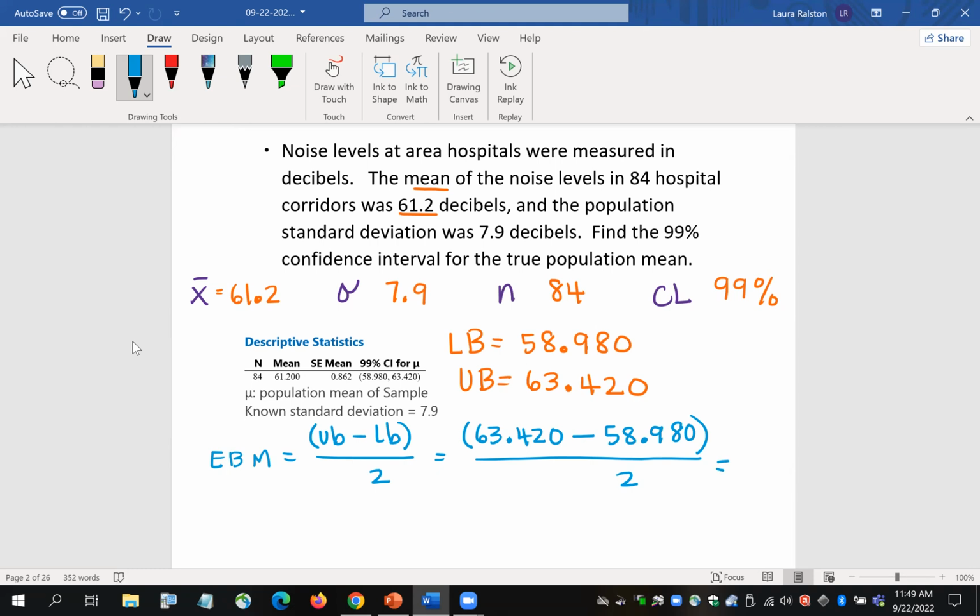Again, be careful. Do the subtraction first. 63.420 minus 58.980 is 4.44 divided by 2. So my error bound margin is 2.22.